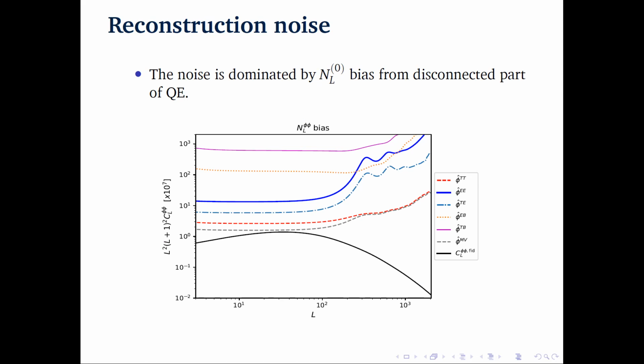For Planck, we see that the TT estimator has the lowest reconstruction noise. This gray line is basically the minimum variance combination of all these estimators. But we'll focus on the lowest noise estimator, which is the TT estimator here. I remind you that this is for experiments like Planck with that kind of noise properties.